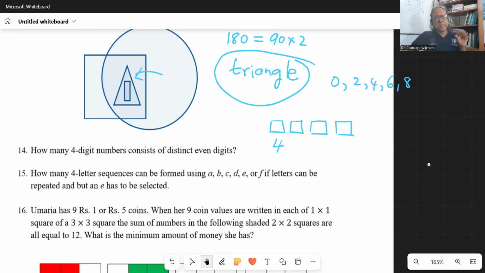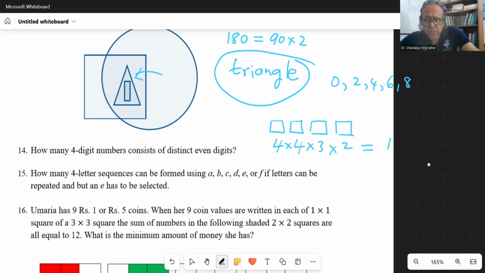And once you select one, to make the numbers distinct, we need to take one less, but then 0 comes in. So that means for the next box we also have 4 choices. And for the next one, 3, 2. So if you multiply all these choices together, you get the number of 4-digit numbers.